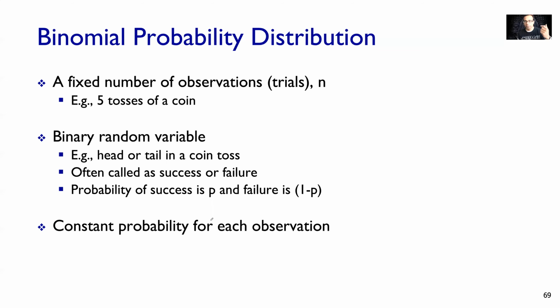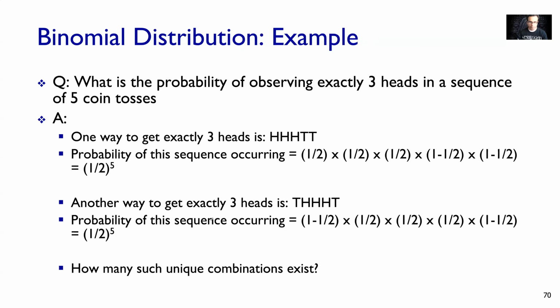So the probability of heads is half, the probability of tails is half, and the probability remains constant for each trial. It doesn't change. So if I toss a coin 5 times, what's the probability that I'll get exactly 3 heads?